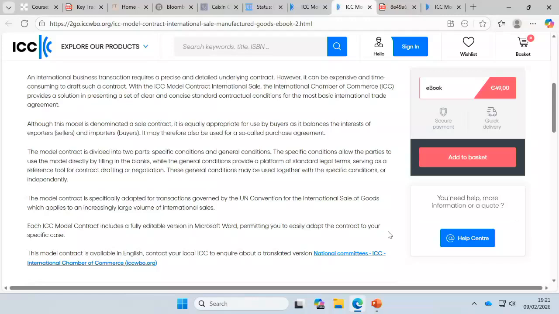And of course, particularly in large commercial businesses, one would expect them to have their own standard form contracts. Those standard form contracts will often start from something like this, which is then tailored for the specific needs of that commercial party.